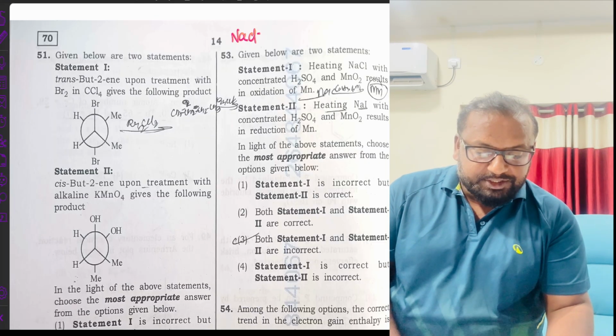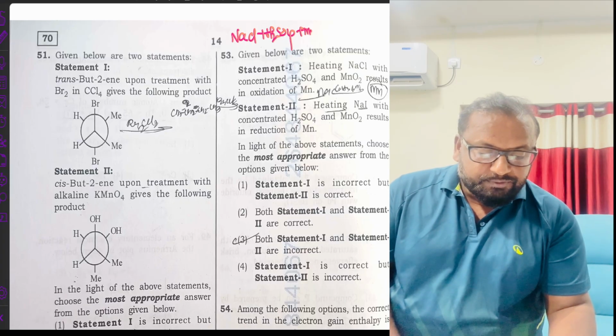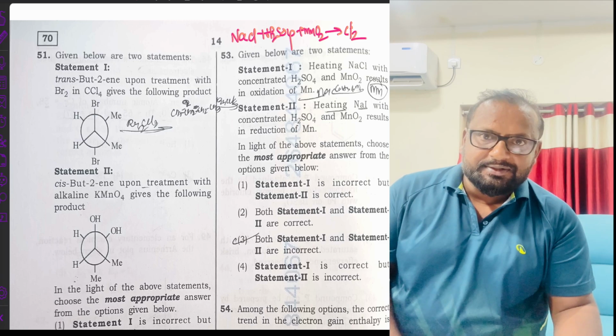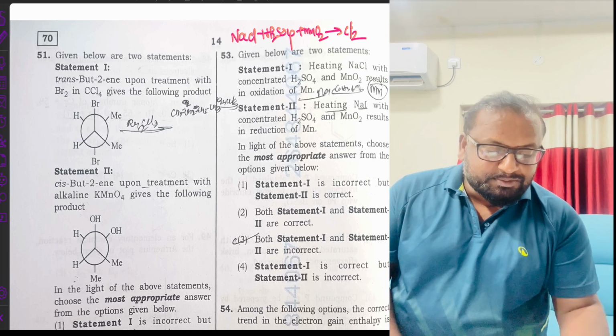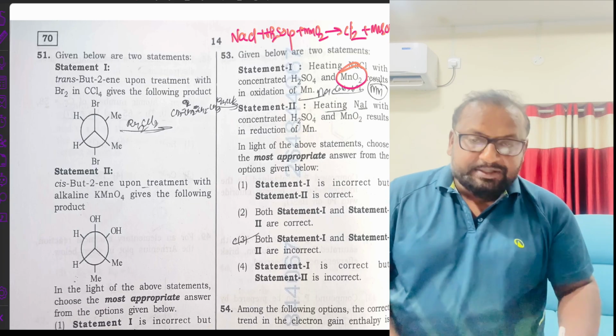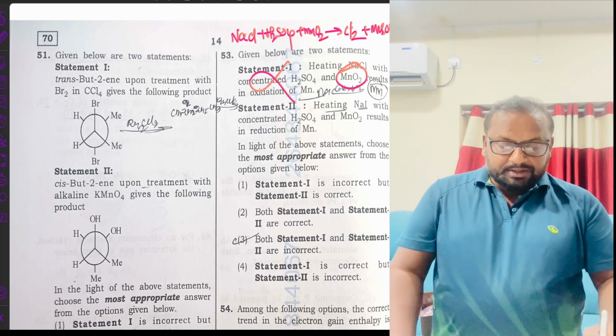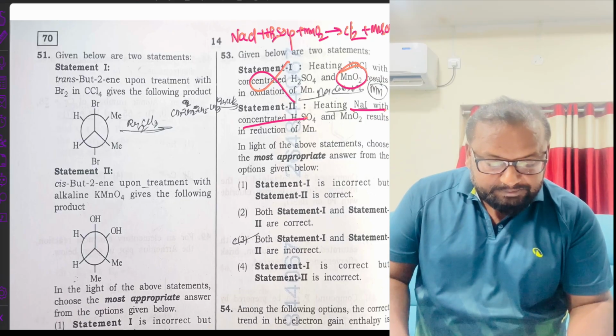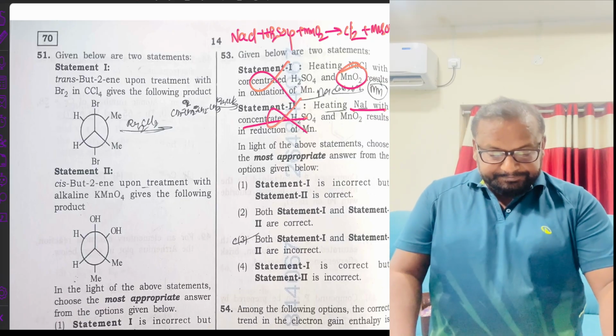NaCl when heated in the presence of sulfuric acid and MnO2, we will get Cl2 gas, which is oxidized, and manganese of course has to be reduced to MnSO4. So it's oxidized, but it's an incorrect statement. Statement 2, heating NaI, also saying the same, both are incorrect statements.